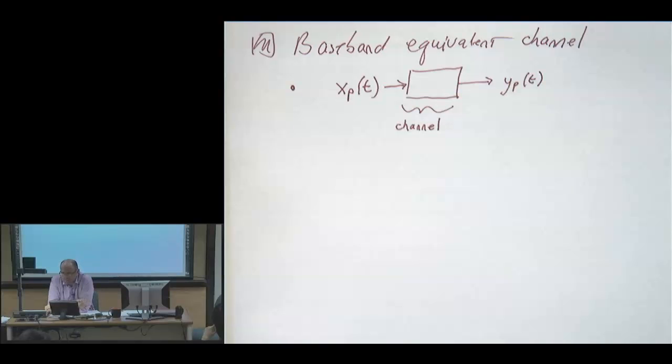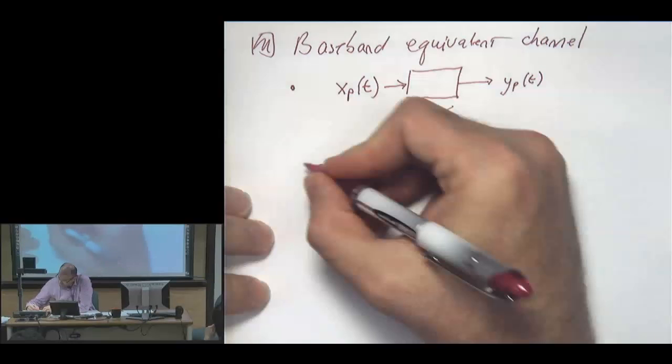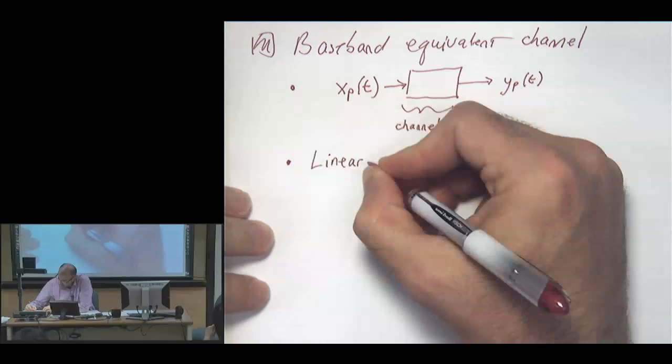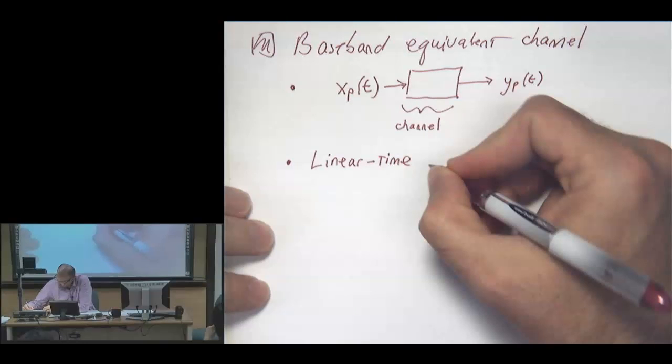But there are linear time varying systems, nonlinear systems, and nonlinear time varying systems. A lot of different kinds of channels, and they are useful in different areas of wireless communication. The most common channel model, though, is actually what we've already seen and are familiar with, which is a linear time invariant system.